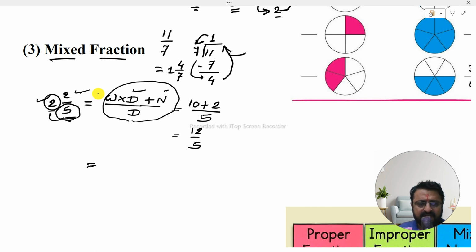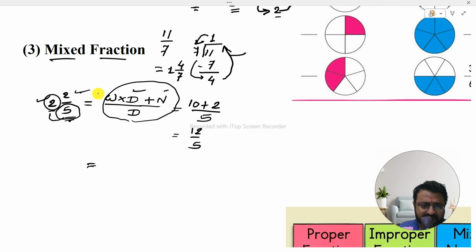So how can you convert a mixed fraction into improper? Simple: whole multiplied by denominator plus numerator, over the denominator. But this is the primary method. Whenever students start learning mixed fraction to improper fraction, this formula is applicable. But when you study further in upper standards, you have to use this directly without calculation.